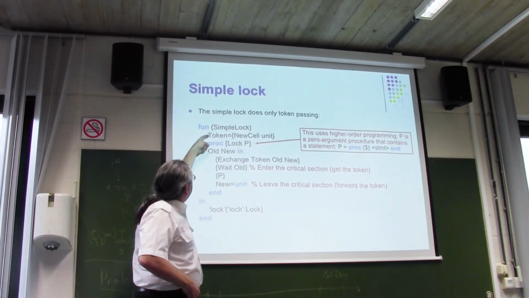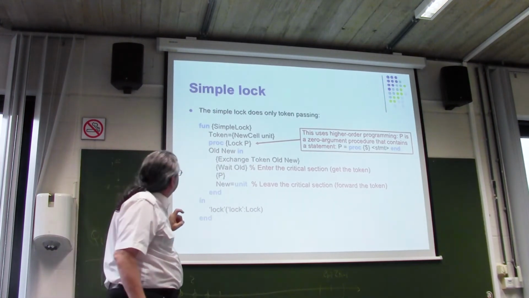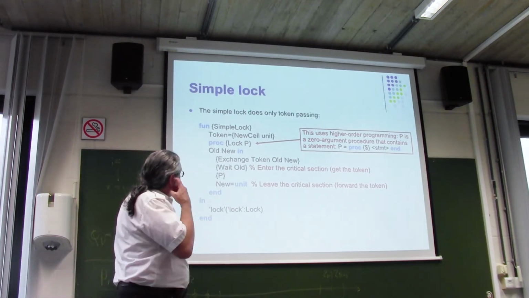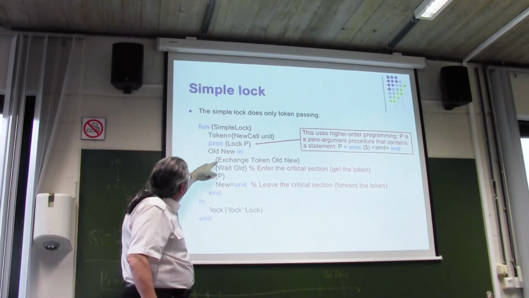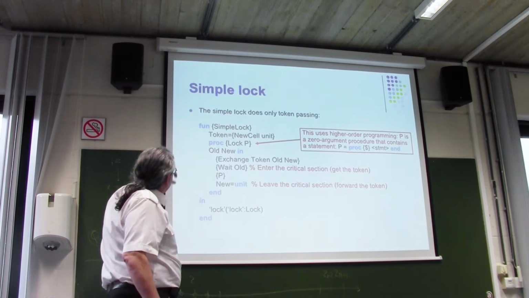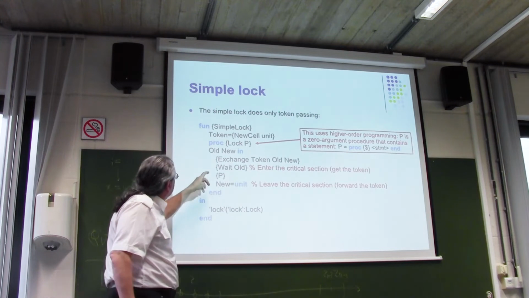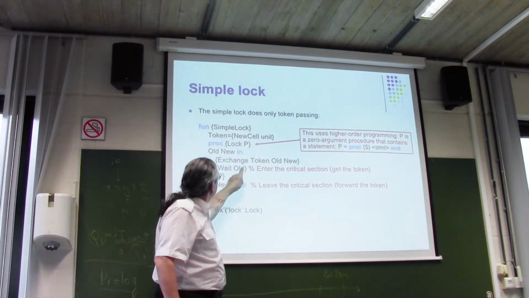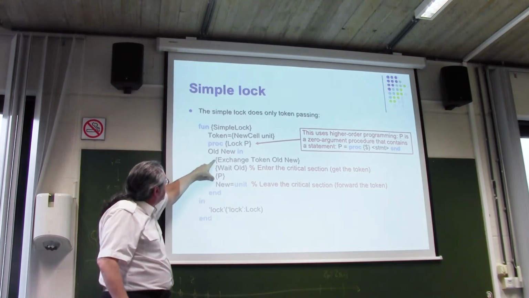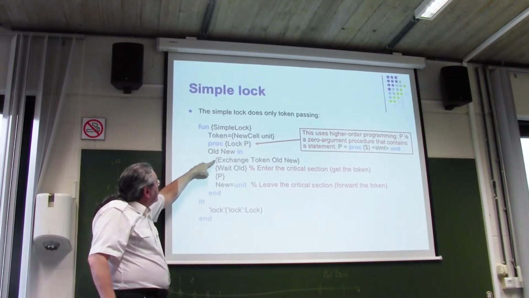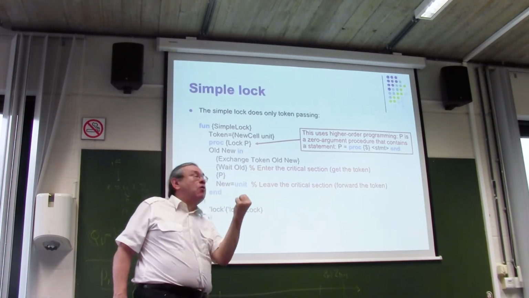And there's one cell, and the cell represents the token. So how does it work? Well, a thread that tries to get in has a variable, here called old, that says whether it has the token.